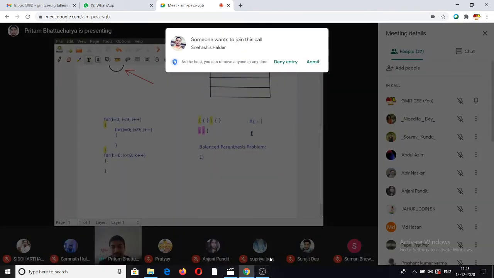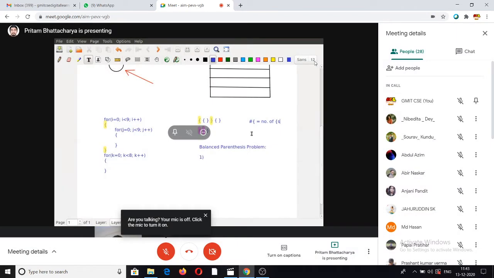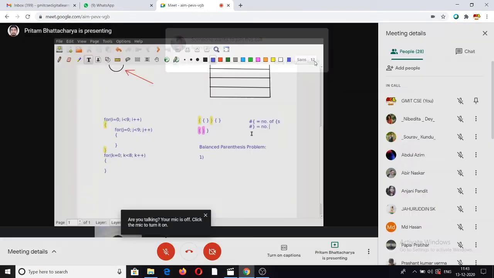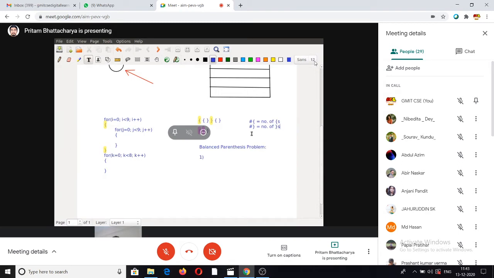This just means the number of opening braces, and similarly hash of closing brace is a shorthand for the number of closing braces. So if you have such a sequence of opening and closing braces, the first property you want is that, over the entire sequence, the number of opening braces should be equal to the number of closing braces, which you see is satisfied here, right?